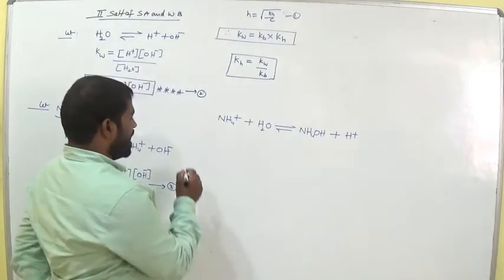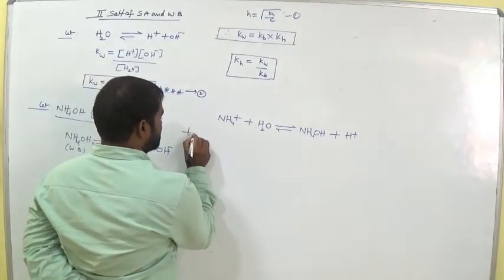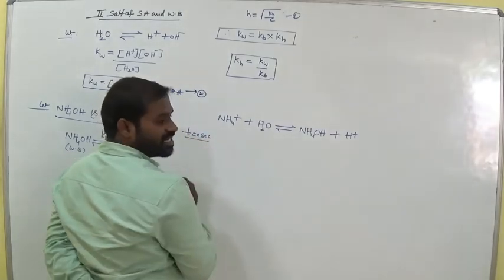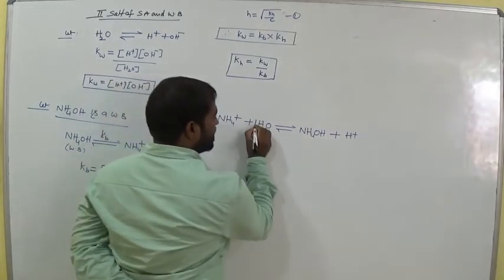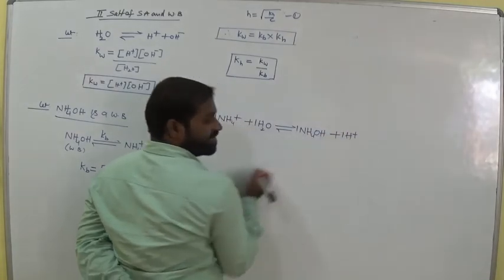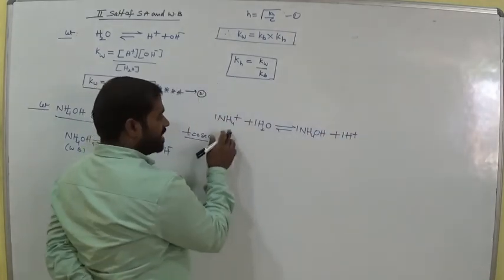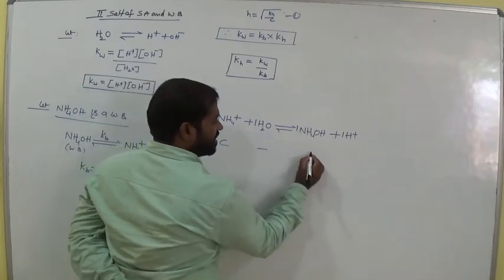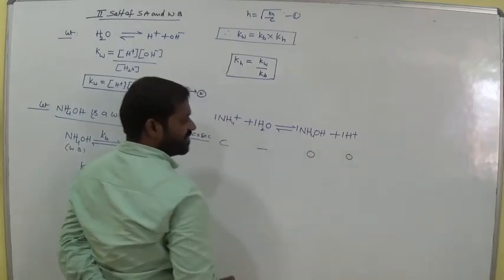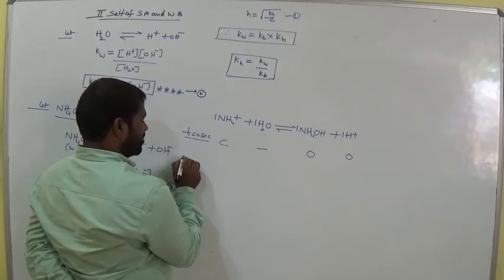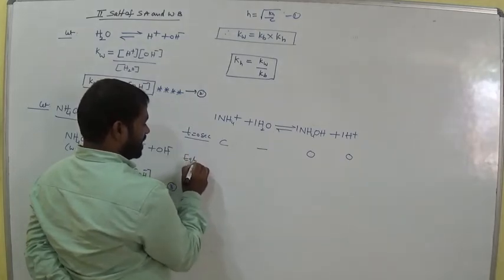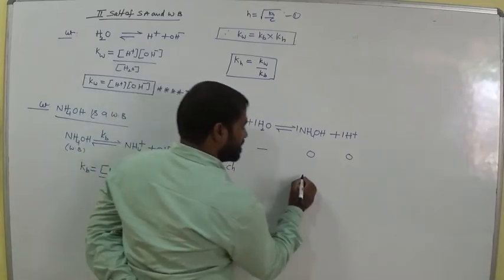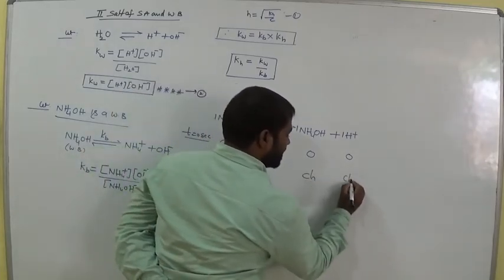Okay. Now at T equals 0 seconds, it is 1 mole and it is 1 mole, am I right? At T equals 0 second, its concentration is taken as 0. Initially there is no concentration here, am I right? So at equilibrium, what is the expression? C minus CH, and it is CH, it is CH.